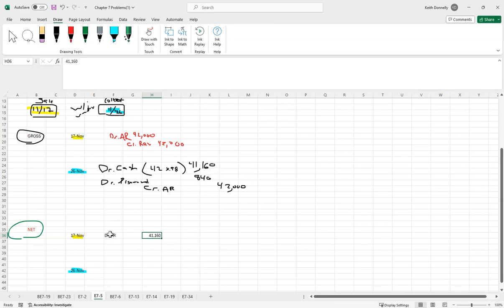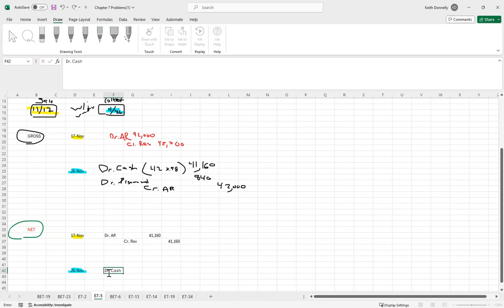When we account for the sale under the net method, we say, hey, this is a good customer. We assume they're going to pay within the window. So debit accounts receivable 41,160, credit revenue 41,160. On the flip side, whenever we actually collect and it's within the window, it's pretty easy. We just tee it up, then we get rid of it.